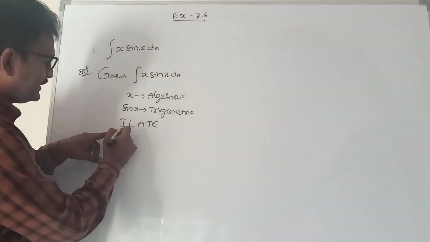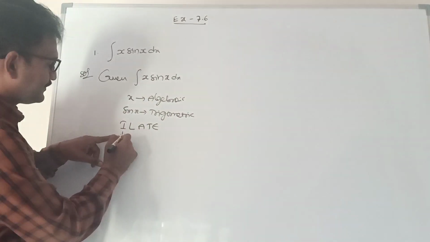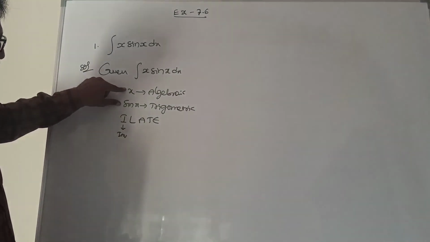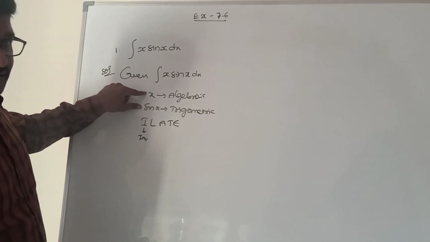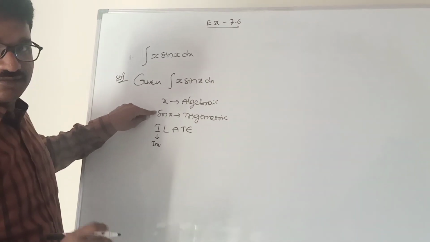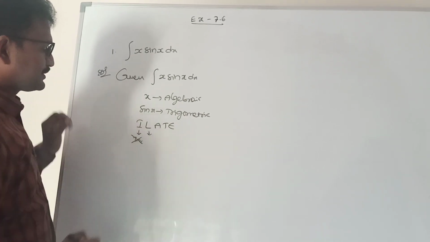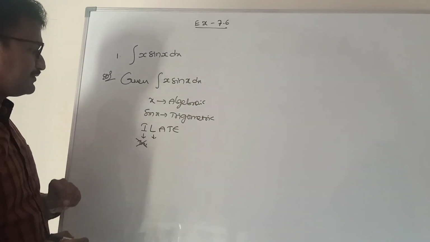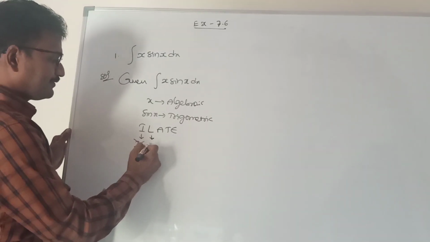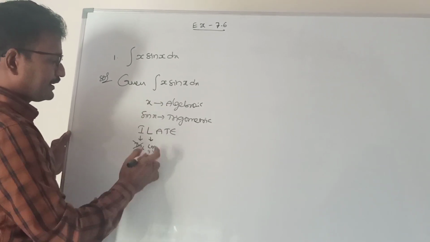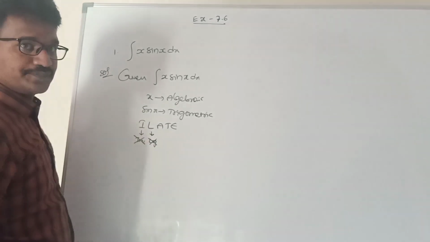First, I is there in ILATE, the first letter is I for inverse. Check among these two functions whether an inverse function is there or not. In these two functions, inverse is not there. Next, come to the next letter, L, for logarithm. Observe, this is algebraic, this is trigonometric, so a logarithmic function is also not there.